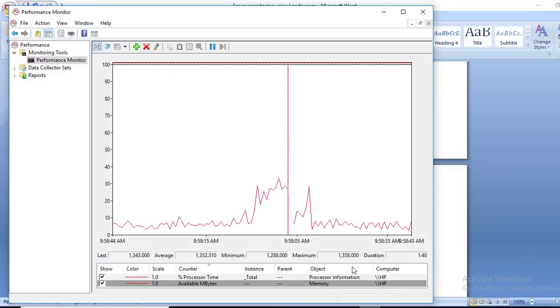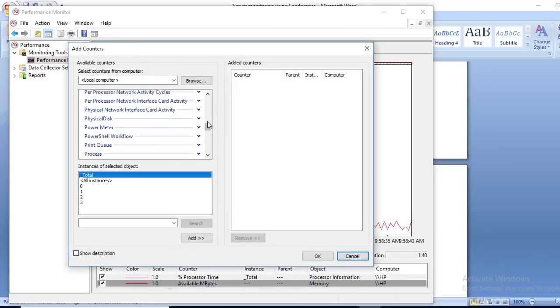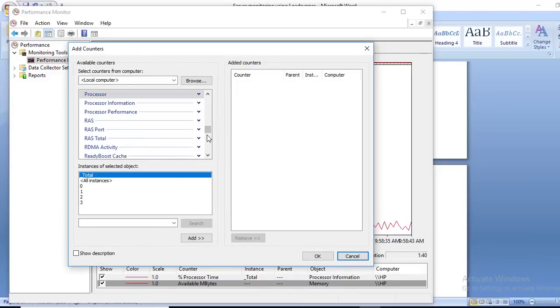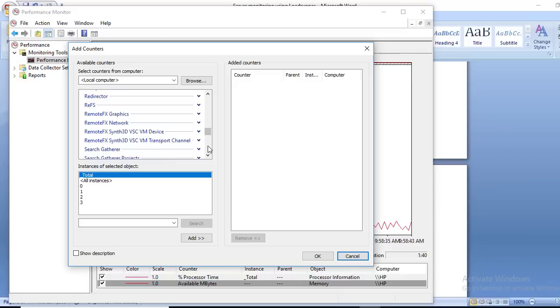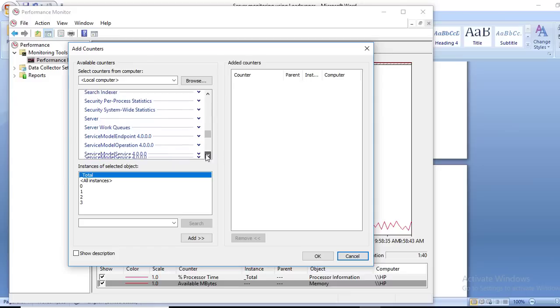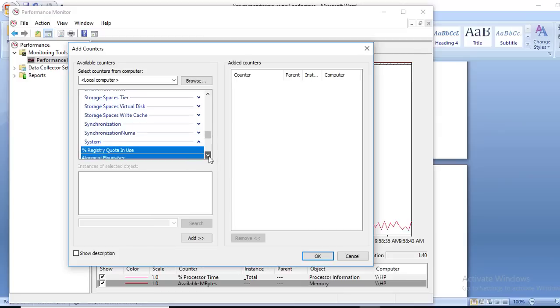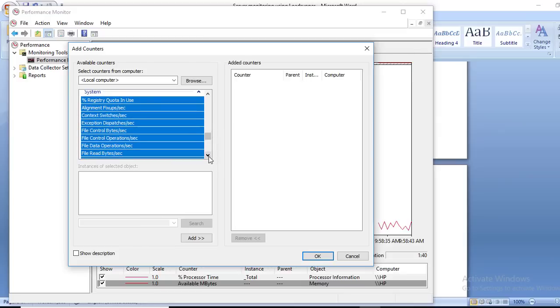Let us look into the system; there are lots of counters available in the system.